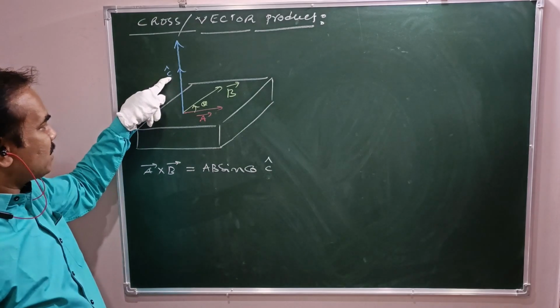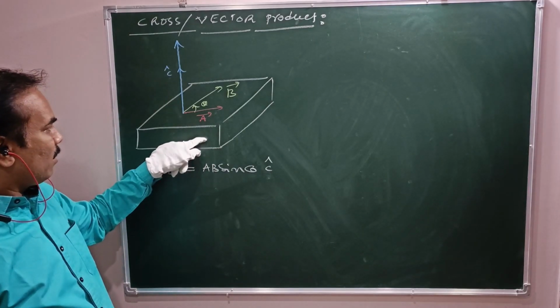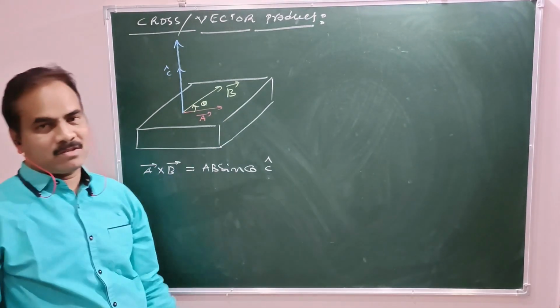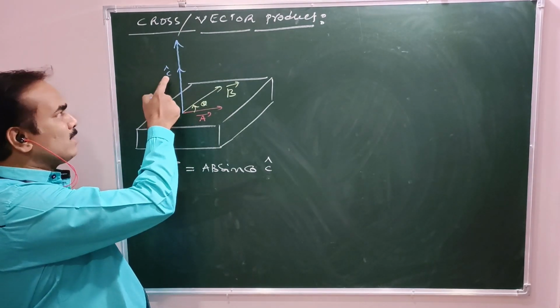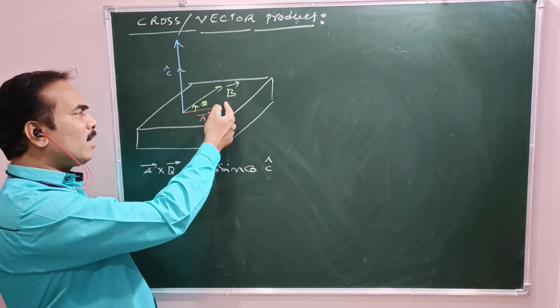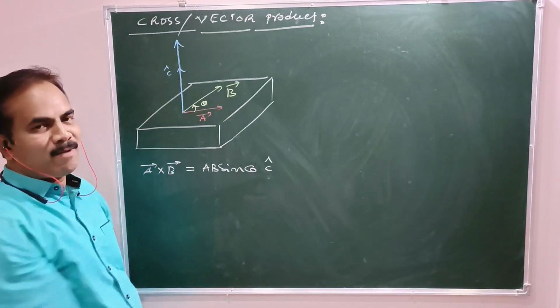The direction of C cap is normal to the plane of A bar and B bar, and also normal to A bar and B bar. Once again, C cap is normal to both A bar and B bar, and also normal to the plane of A bar and B bar.